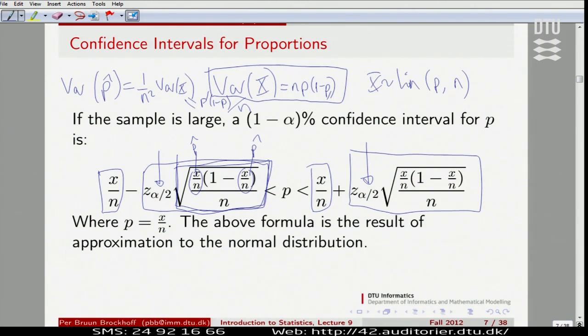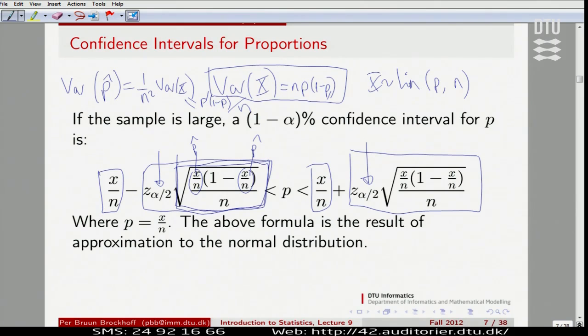Remember, I also showed you weeks ago, when we did the discrete distributions, that if n is big enough, you can approximate binomial probabilities by normal probabilities. And that is the theoretical result underlying this confidence interval. So we use normal probabilities to set up a confidence interval.